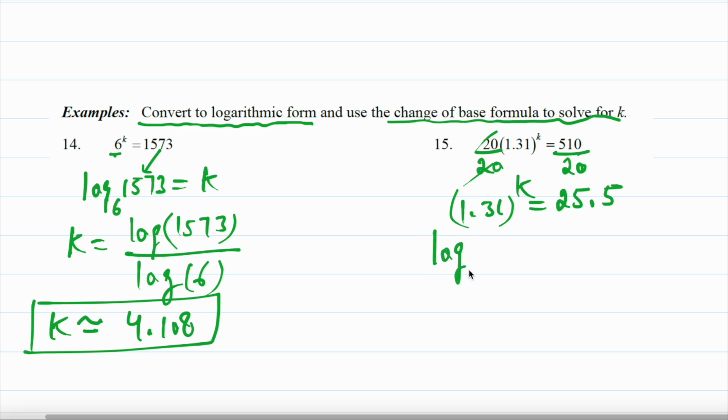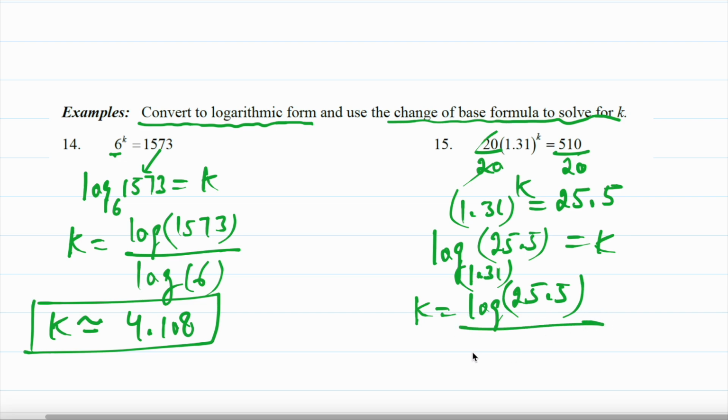So you will have log base 1.31 of argument 25.5 equal to k. Now again, use the change of base formula. It will be log 25.5 divided by log 1.31 and use the calculator. The answer should be 11.994. Okay, so that's how you will do this question.